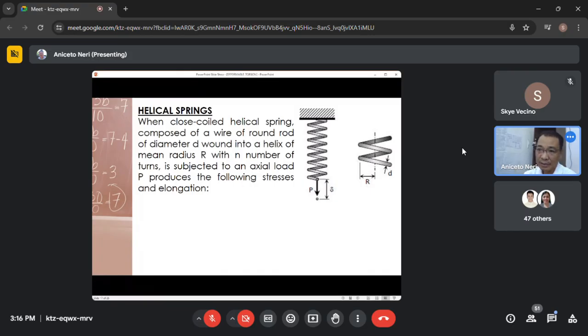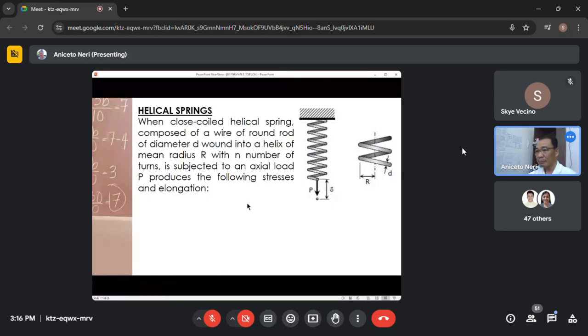So, it's written here, when closed coil helical spring composed of a wire of round rod of diameter d wound into a helix of mean radius R with a number of turns n is subjected to an axial load P produces the following stresses and elongation.